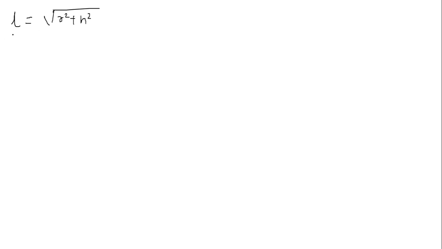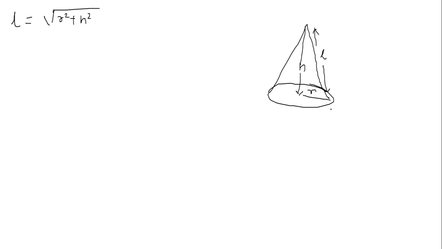What is L? L is the slant height. It means this is the circular base, this is the cone, this is the slant height L, and this is the vertical height h, and this was the r. So by using the Pythagoras theorem, we find the value of L. L is equal to under root of r square plus h square.